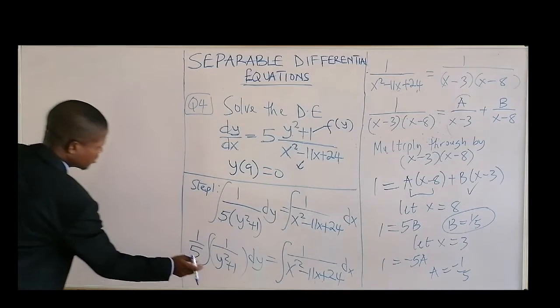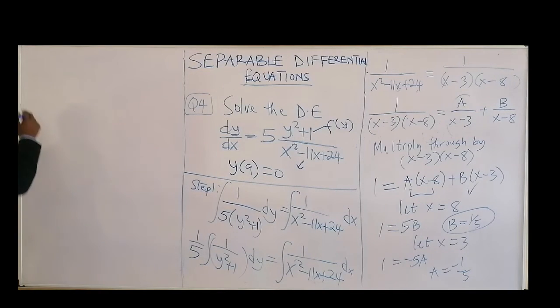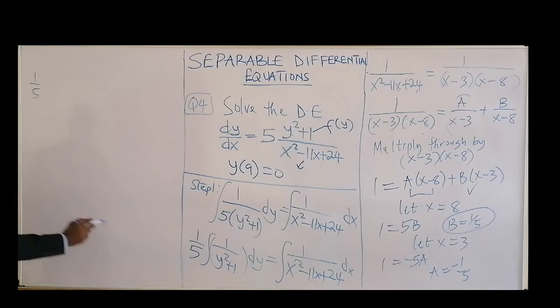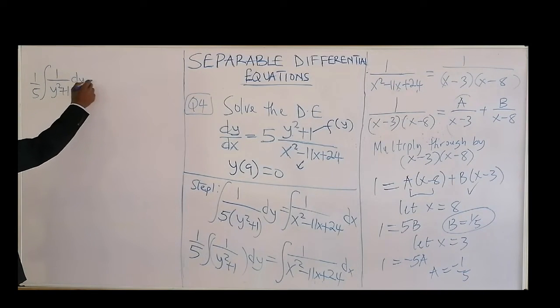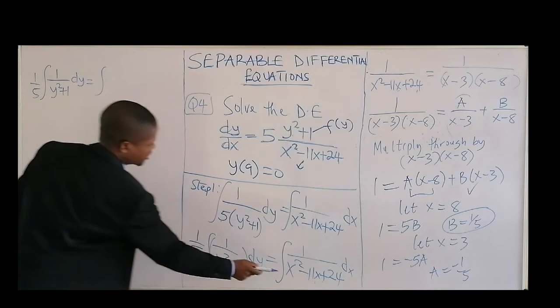So if you come back here, the integral of this one, let's write that: we have 1 over 5, 1 over y squared plus 1 dy, equal to the integral of the expression we have for this.